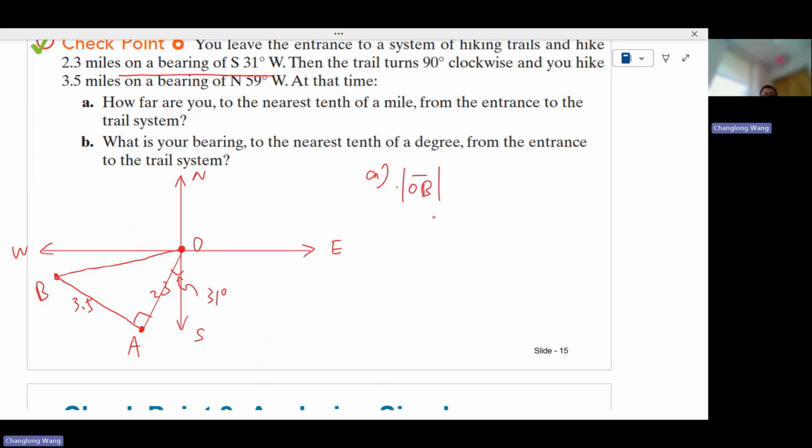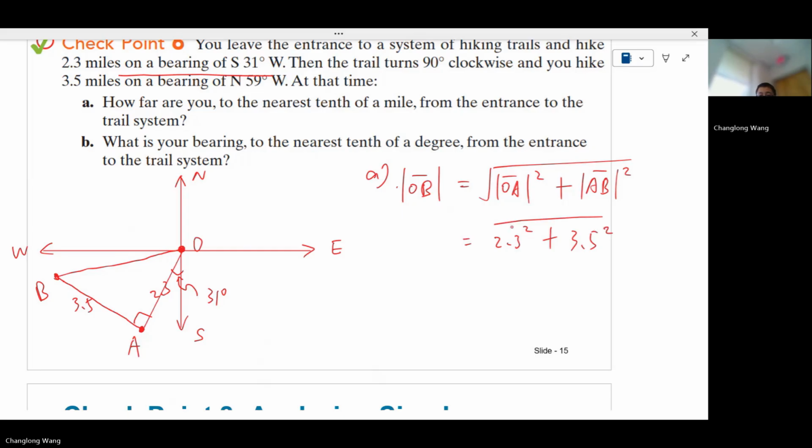The segment OB is the hypotenuse, so it must be the square root of OA squared plus AB squared. So plug in the numbers: 2.3 squared plus 3.5 squared, square root, and this is approximately 4.2 miles. That's it. Seems complicated, but it's very doable.